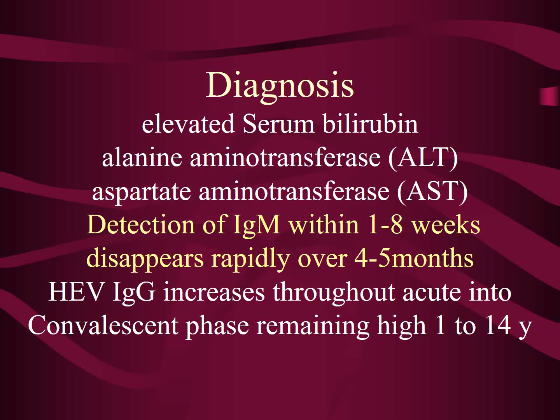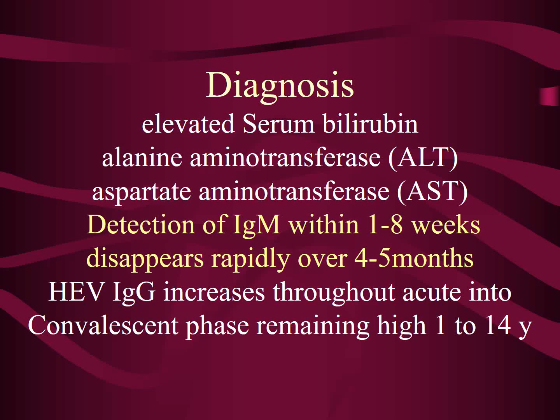We find elevated serum bilirubin, elevated alanine aminotransferase ALT, elevated aspartate aminotransferase AST, and detection of immunoglobulin M. It is present from 1 to 8 weeks, but it disappears rapidly over 4 to 5 months.